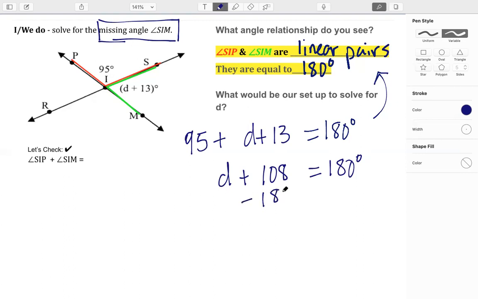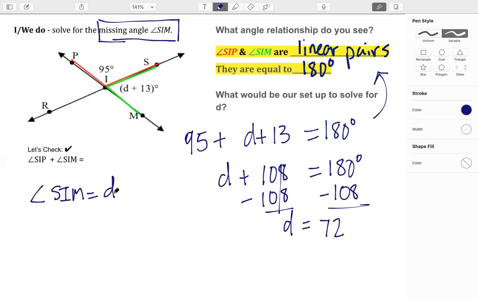I'm going to subtract 108 from both sides. And I'm left with D is equal to 72 degrees. I'm sorry, 72. Now, again, we need to go ahead and plug in D into the expression D plus 13 to try to figure out the actual measure of SIM.